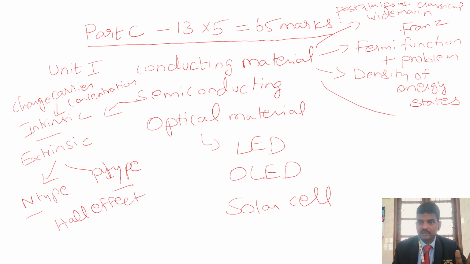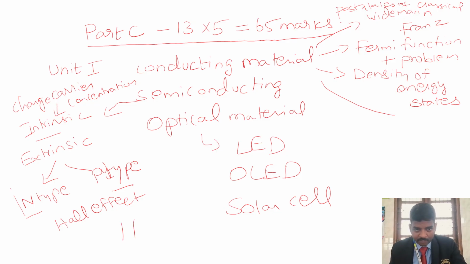If they did, they would skip a major part of the syllabus in Unit 1. Similarly, if they ask 2 derivations from extrinsic and intrinsic, they cover only one particular part. So definitely they won't ask that.